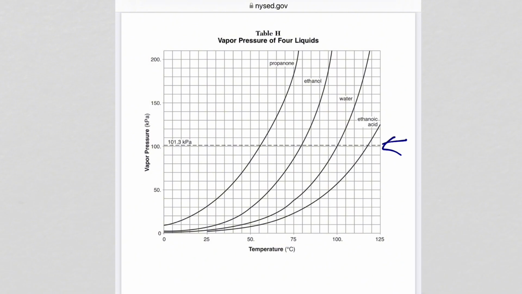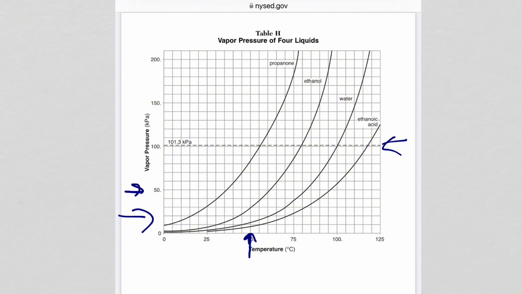Then we were asked, it was 50 degrees. I come to the temperature line of 50, and I'm going to go ahead and it crosses ethanoic acid first, because it has the strongest intermolecular forces, and I go over. Now, every single one of the boxes here for vapor pressure go up by 10s, right? And how do I know that? I have 5 boxes to get to 50.